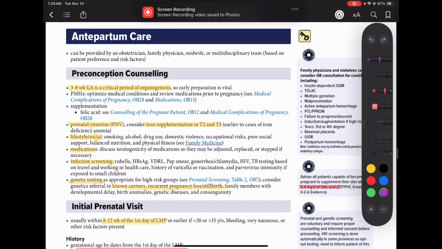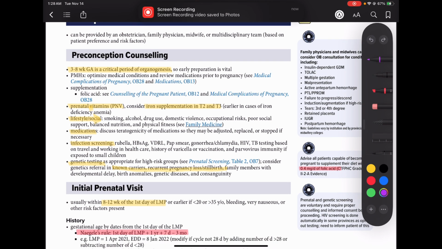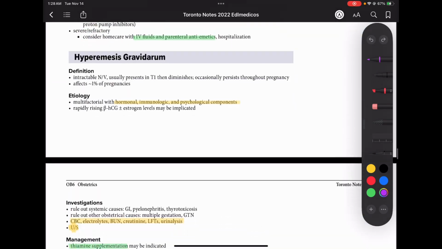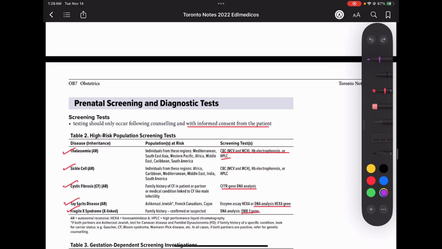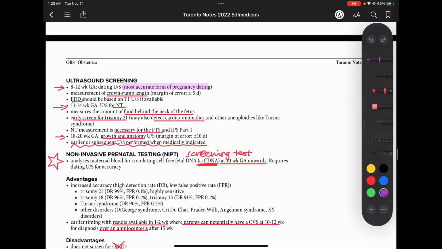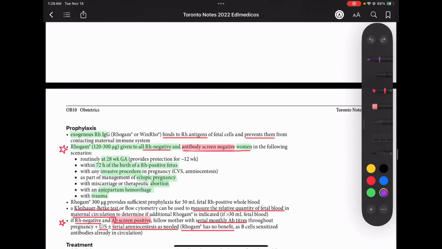Alrighty, let's start with antepartum care. We're going to read about preconception counseling, the initial prenatal visit, and then a few symptoms, and then subsequent prenatal visits, and then how we do screening and some diagnostic tools.